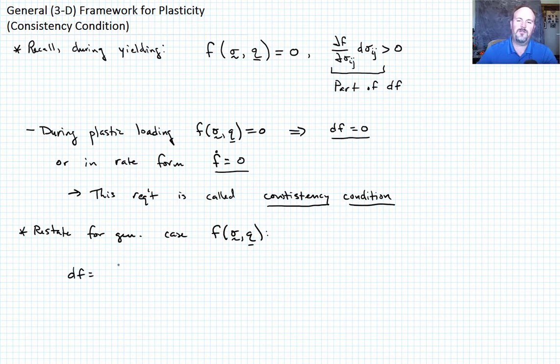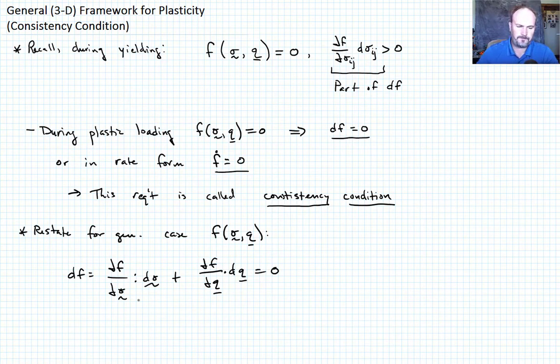Go back to Calc 3: we have some partial derivatives, and we do the chain rule. We have the partial of f with respect to sigma times d sigma, plus the partial of f with respect to q times dq, and that's actually a dot, equal to 0.